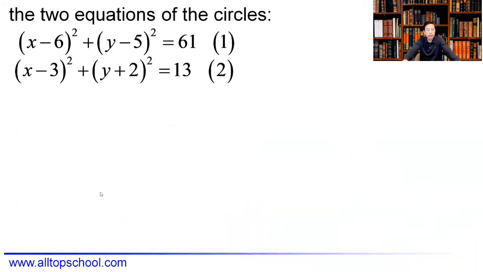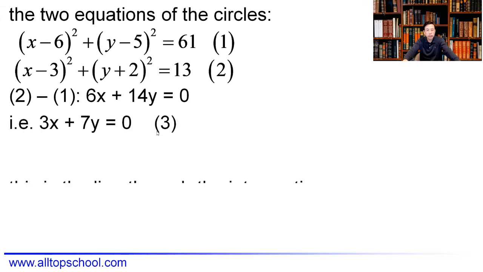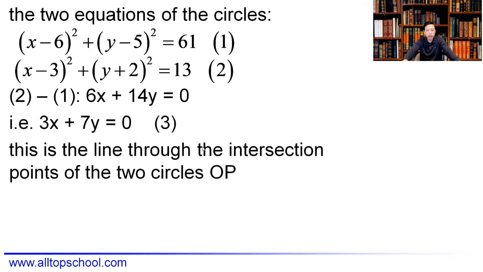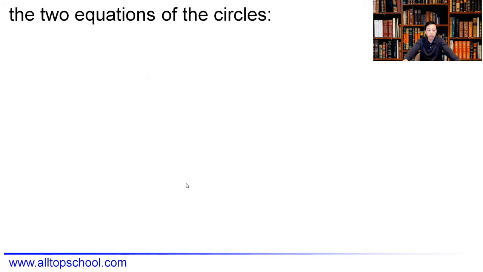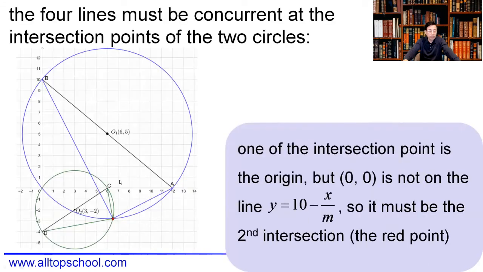You can see, given the two circles, we subtract one from the other. And this will be what? This will be the line through the intersection points of the two circles. The two circles have centers O1, O2; this is the origin O, and this we call P. That should be the line connecting the intersection points.